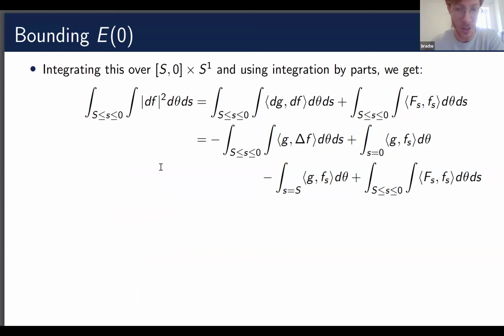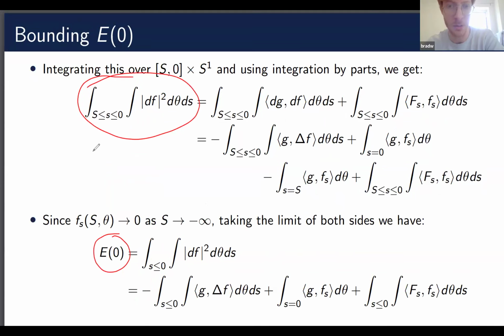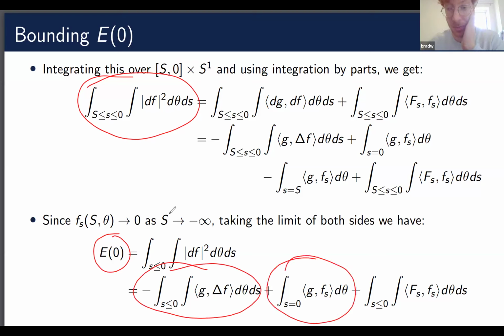In the limit as s goes to minus infinity, this term up here tends to just be the energy over the whole cylinder, which is what we want to get the differential inequality for. We're left with these three terms on the right-hand side: this one involving the Laplacian, this boundary term, and also this involving the average. So we're going to have to bound each of these in order to get our differential inequality.